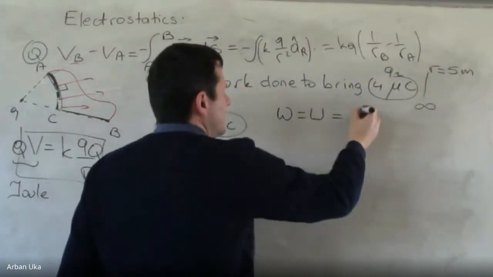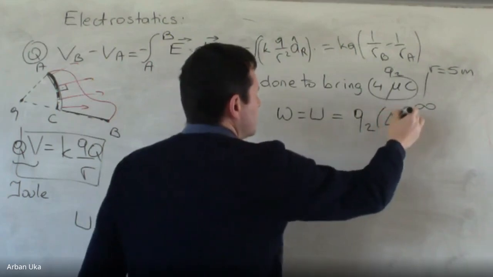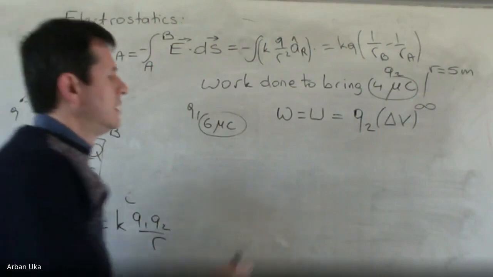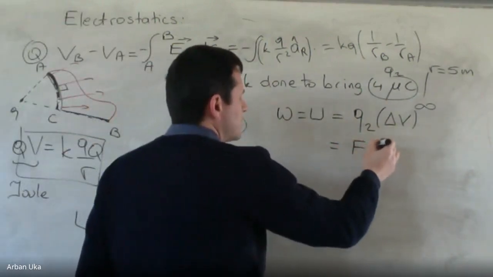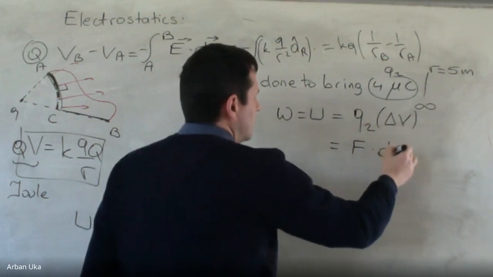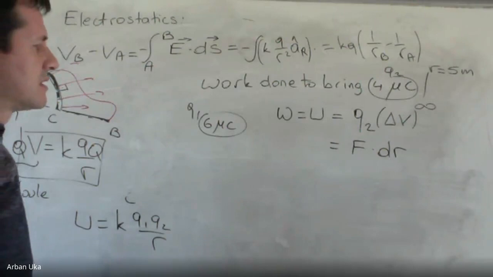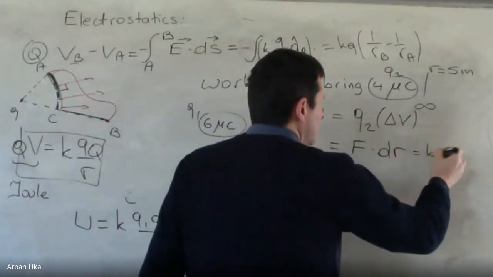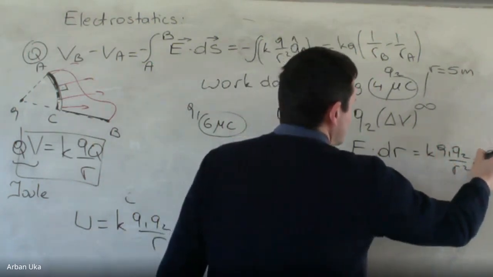So this will be the charge Q2 times the change in potential created by Q1, or this can be equal to the force between the two charges times dr. We know that the work is equal to force times distance. So in this case, the force will be equal to K Q1 Q2 over r squared dr.